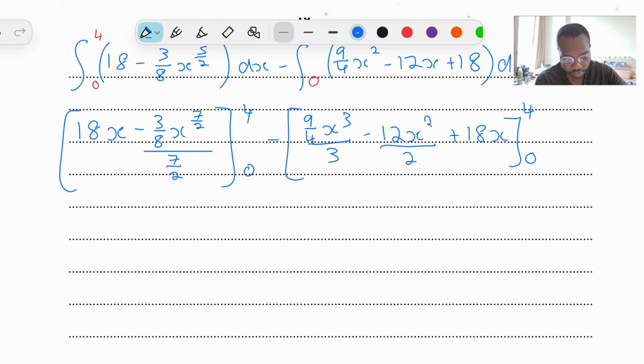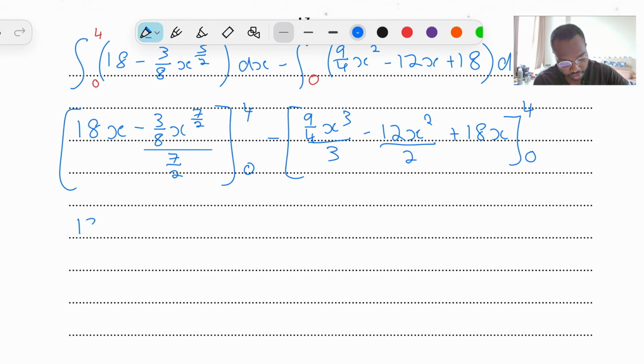And if we clean this up a bit, we would get 18x. Then we get minus 3 over 8 divided by 7 over 2, which is the same as minus 3 over 8 times 2 over 7. That will give us minus 3 over 28 x to the 7 over 2, and then that's just our limits with 4 and 0.